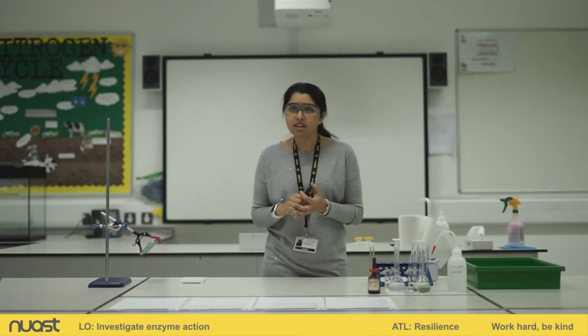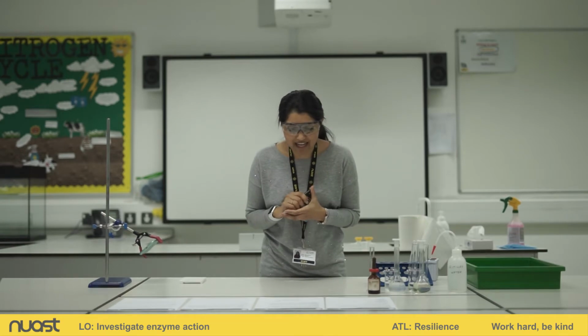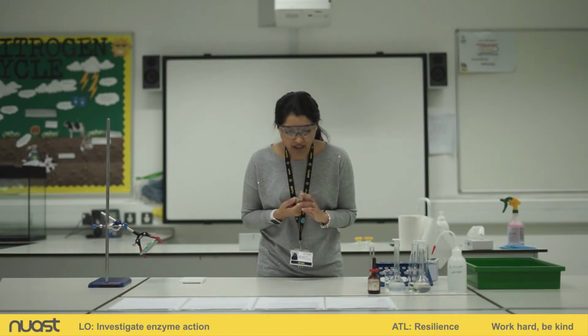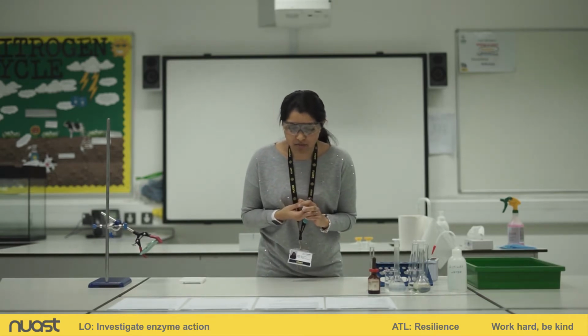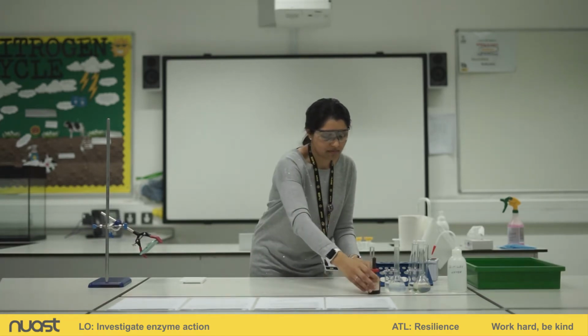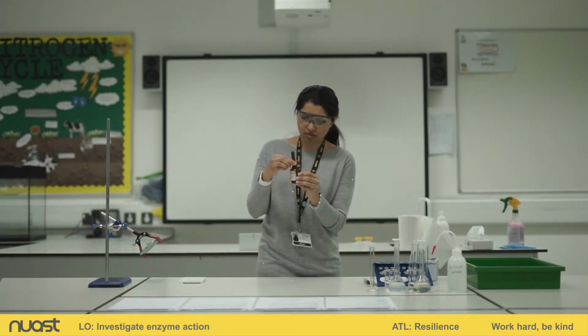Okay, so I've now labelled row A and row B exactly like you would see in the diagram on your sheet on page 2. I need to add a small drop of iodine into each well using a dropping pipette. There we go. So this bottle has a dropping pipette on top.